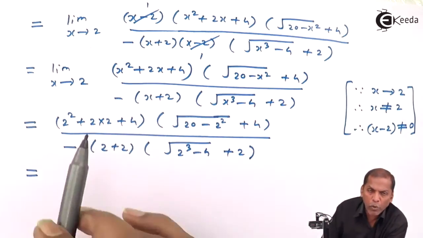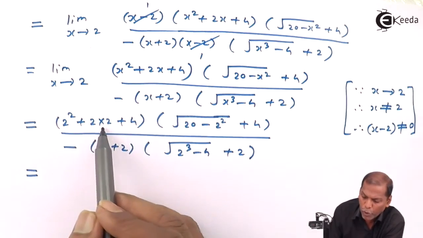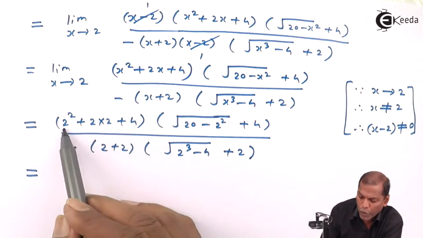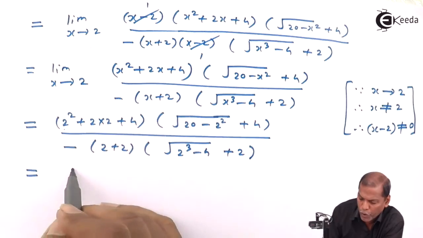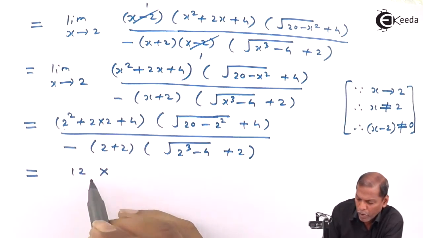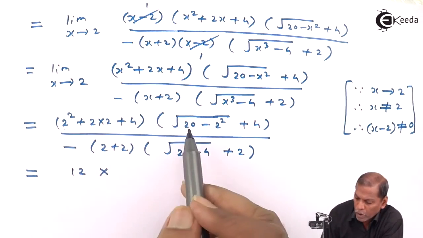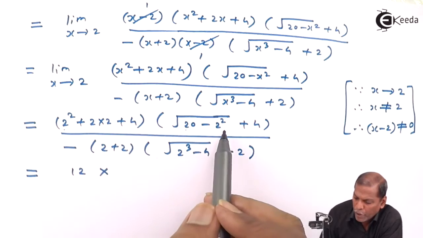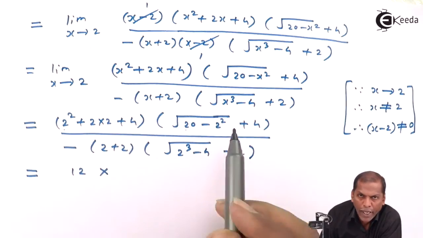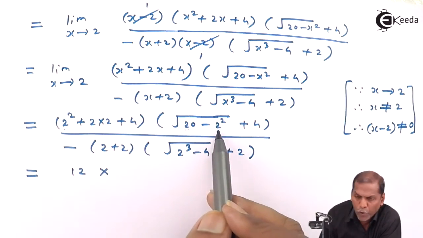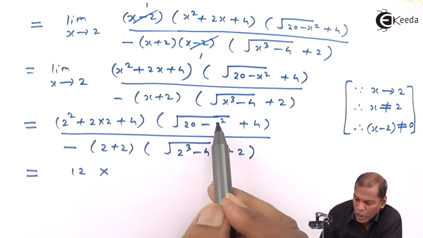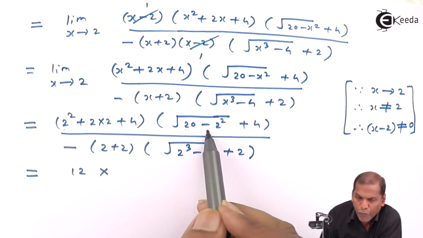So that equals, now 2 square is 4 and 2 into 2 is 4 and plus 4. So 4 plus 4 plus 4 gives us 12, multiplied by, now 20 minus 2 square, that is 20 minus 4, gives us 16, and square root of 16 is 4.